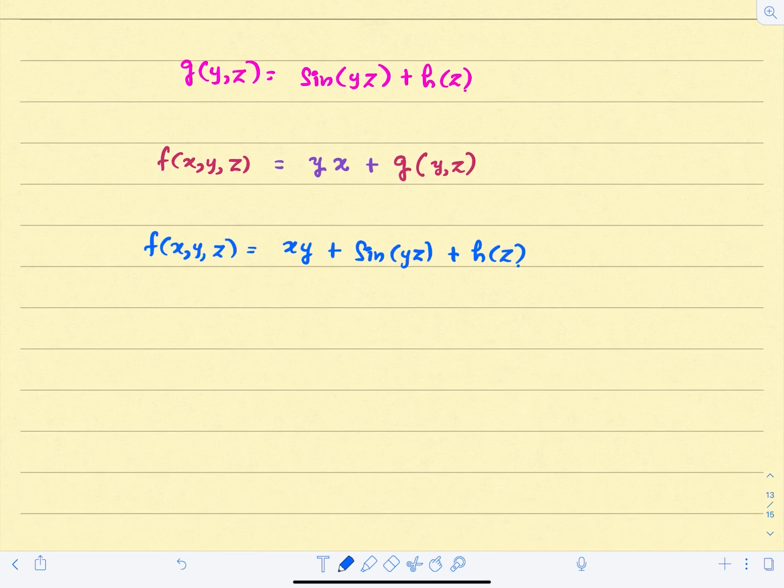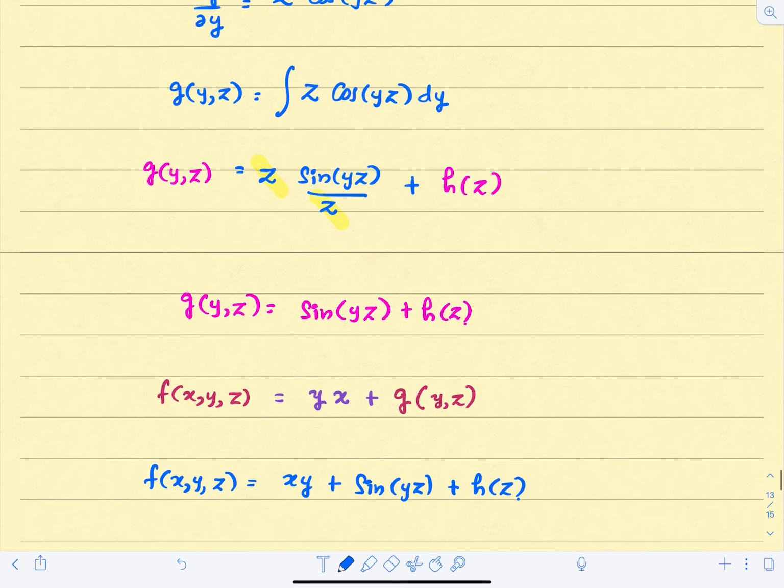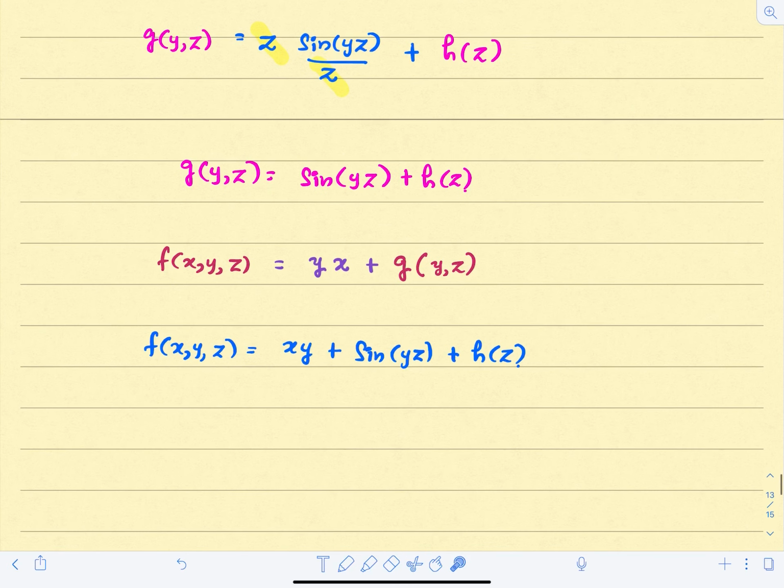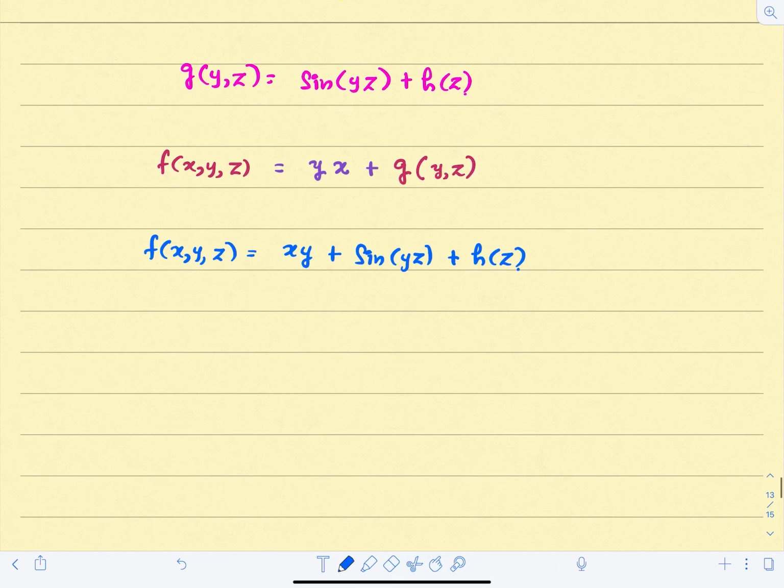So far we have used the derivative of f with respect to x and with respect to y. Our next goal is to compare the derivative of f with respect to the z variable.